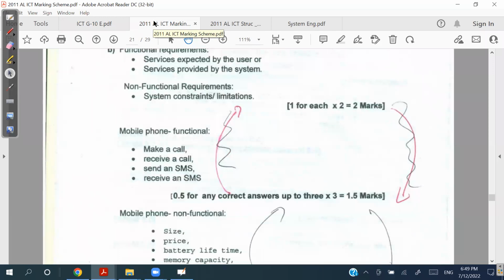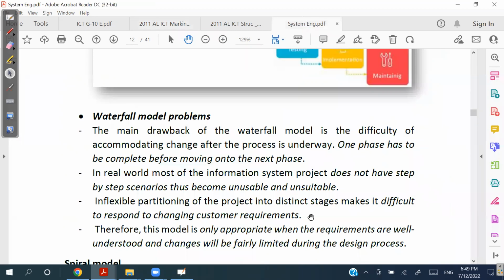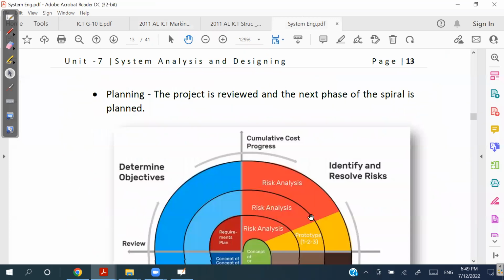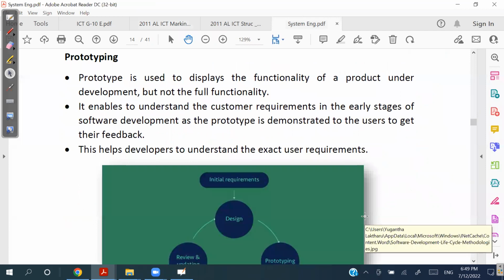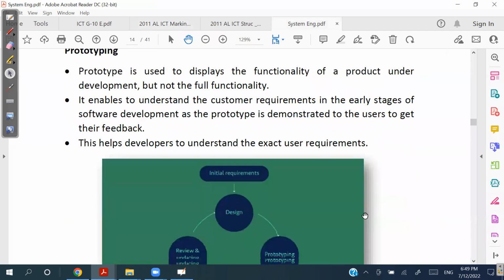Even though they have given it like this, it's better you use IEEE standards when you are writing this, right? It's like this: the user shall be able to make a call. So that is the way you are going to write this. We have discussed it when the system lesson was done, somewhere over here.